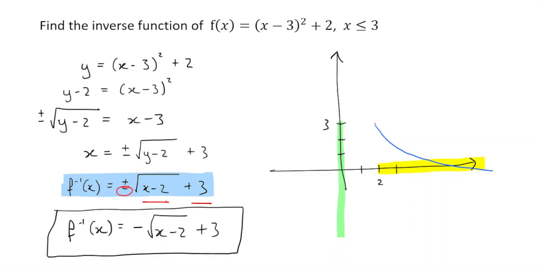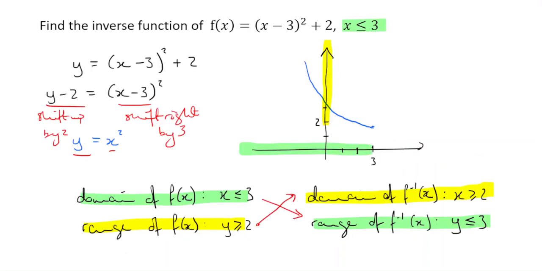So consider your original function, whatever this is, and ask yourself the question, what is the domain and range of that? Because if you can get the domain and range of that, then you actually know what will be the domain and range of your inverse function. Because the domain of the inverse is the range of the original. The range of the inverse is the domain of the original.